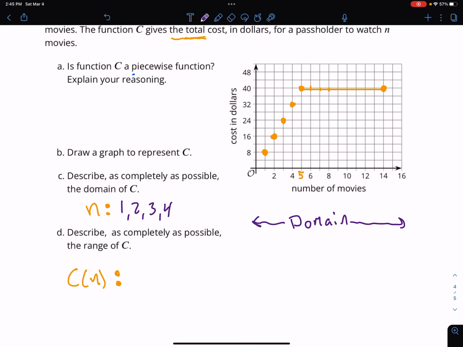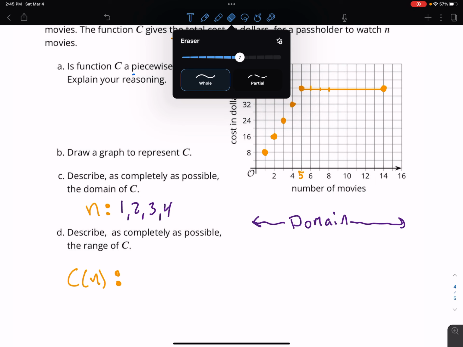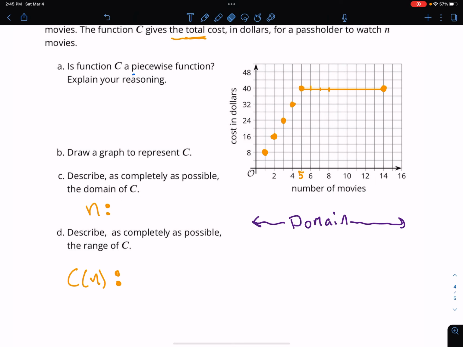We could write it out. We could list it out, 1 to 15. Or we could also write whole numbers, no fractions, whole numbers, from 1 to 15 movies.